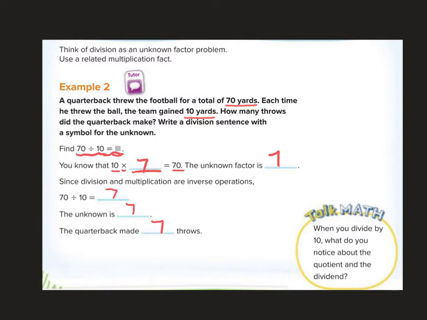Here in the talk math part, it says when you divide by 10, what do you notice about the quotient, which is the answer, and the dividend, which is the first? So I went from 70 down to 7. What did you notice? We took away the 0. Wait a minute. If I was going to do 7 times 10, I take my factor and I add a 0.